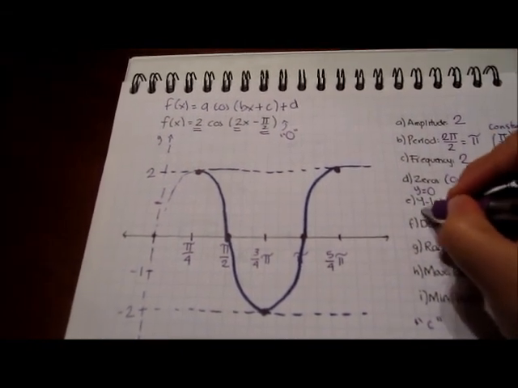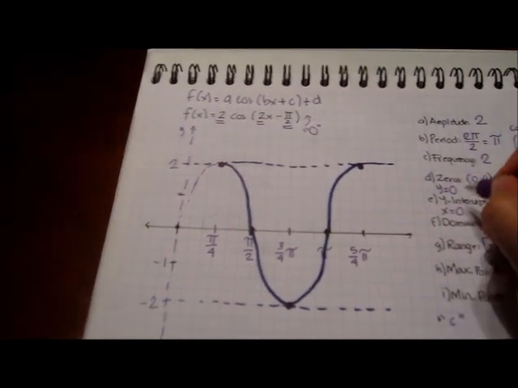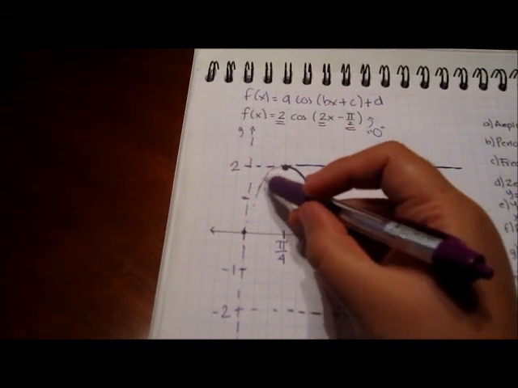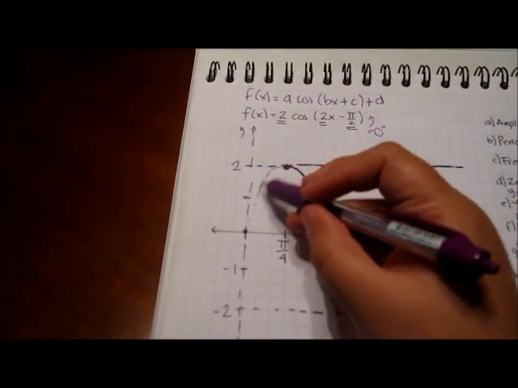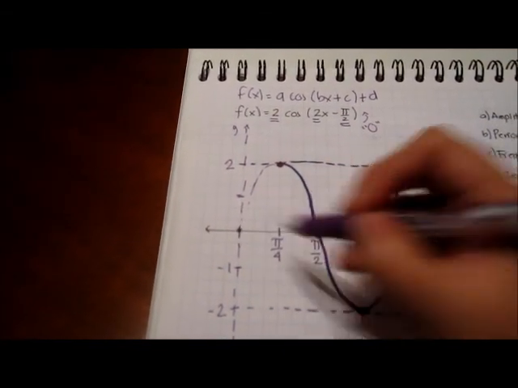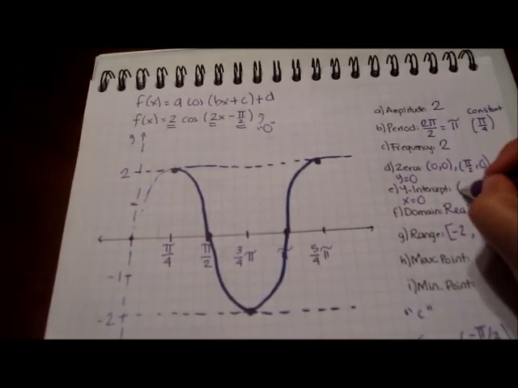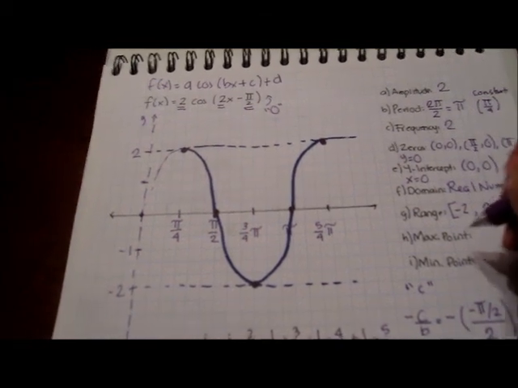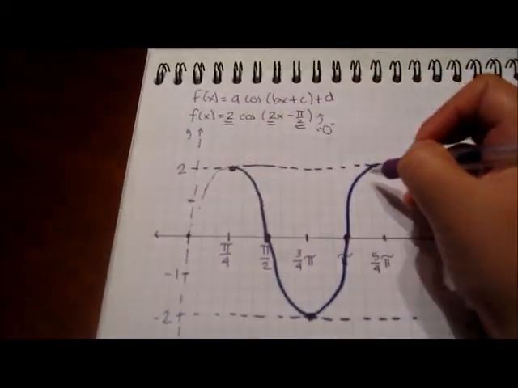The y-intercept is when x equals 0. And now I know, since I just filled the information here of the graph, that when x equals 0, y also equals 0. Maximum point, I still have 2.